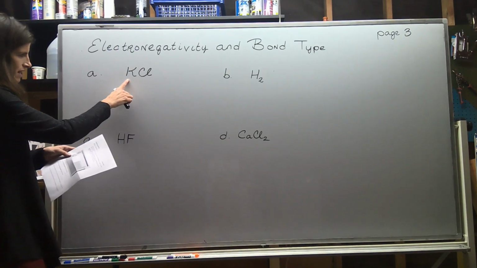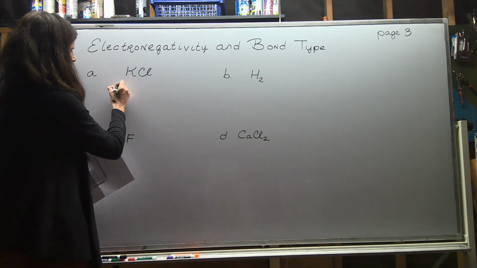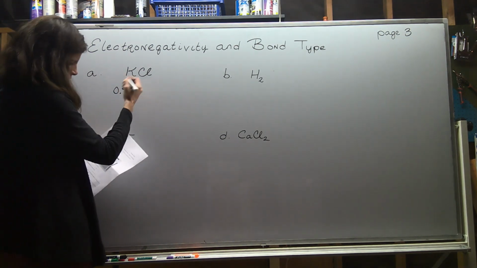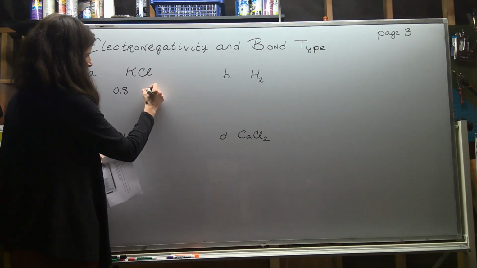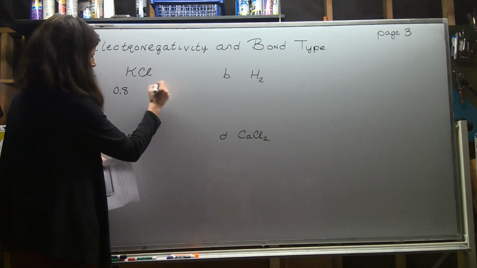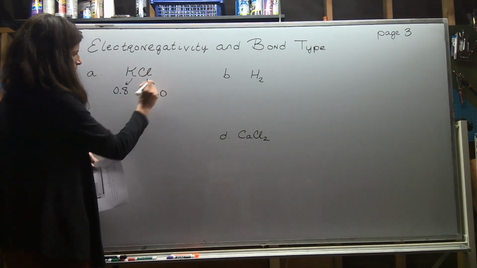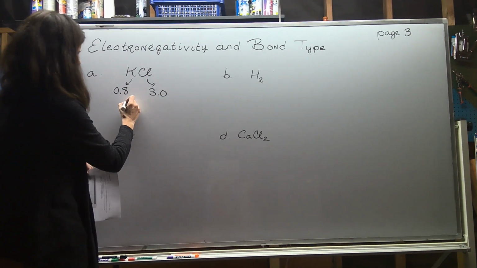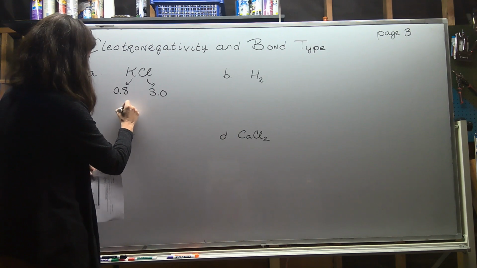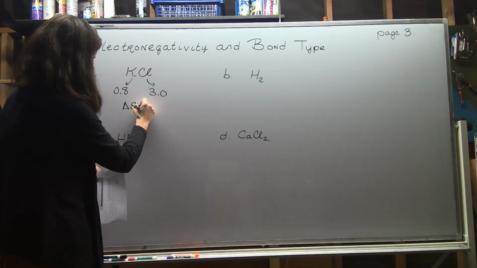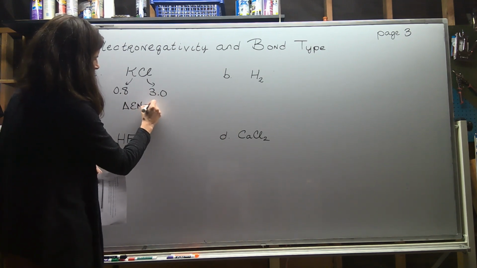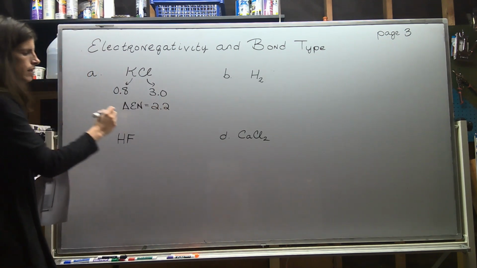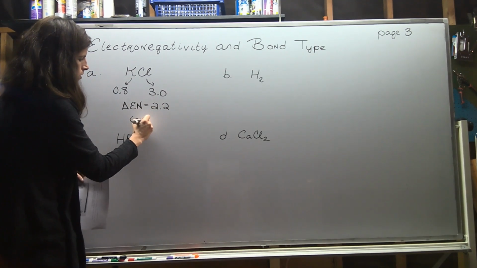So here we have potassium, which comes in at an electronegativity value of 0.8, and our chlorine is 3.0. So the difference between the two electronegativity values is 2.2. So I'll do delta EN, the difference in electronegativity is 2.2, which means that it's an ionic compound.